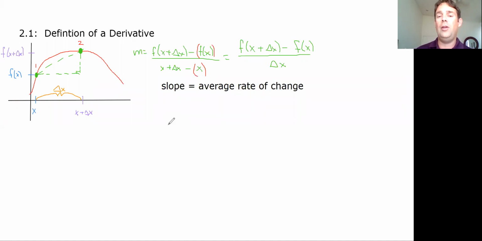Now, on that tangent line problem, we took that idea and we said, okay, well, what if we wanted to find the slope when that difference between those two x values is 0? Well, when that happens, we end up with something kind of like this.